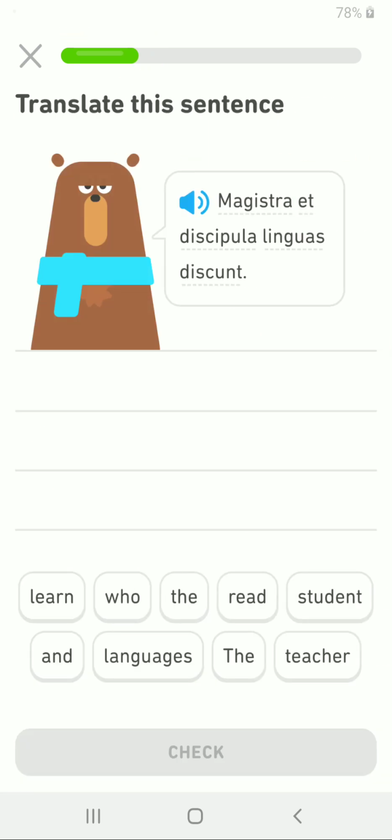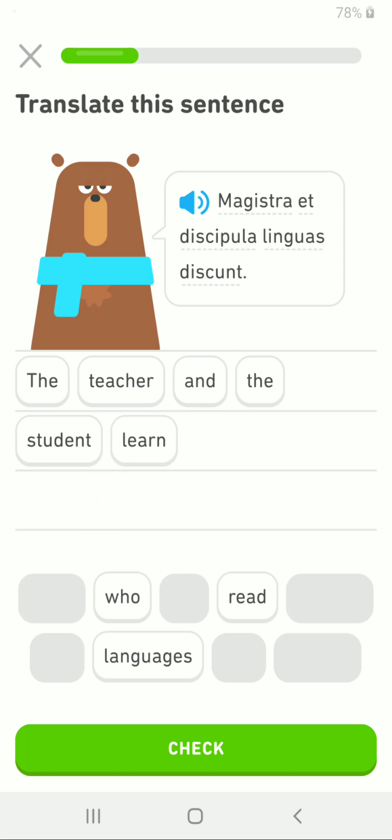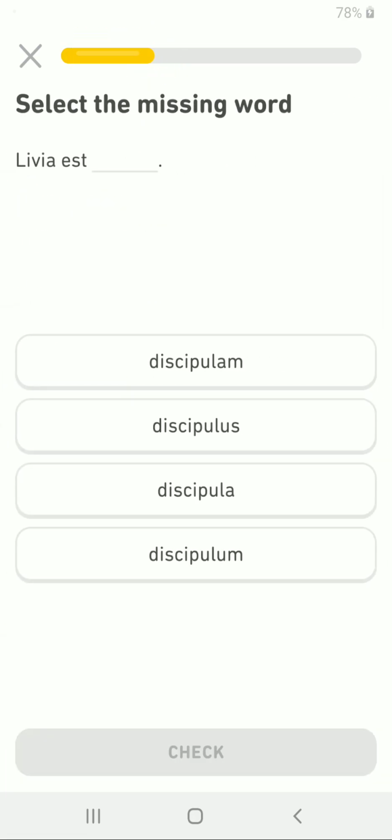Magistra et discipula linguas discunt. So the teacher and the student learn languages. Again, we see linguas, we don't see linguam.